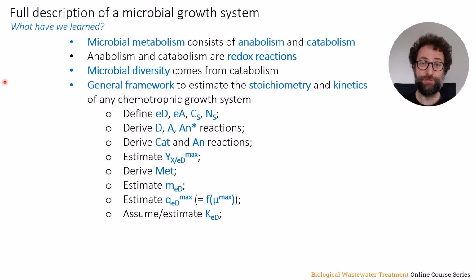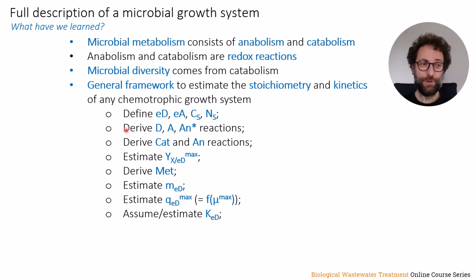And so the general framework that we established to estimate the stoichiometry and kinetics of any system requires you to go through these specific steps. Define electron donor, acceptor, carbon source, and nitrogen source. And of course, the composition of the biomass, which will define how much carbon and nitrogen source you need.